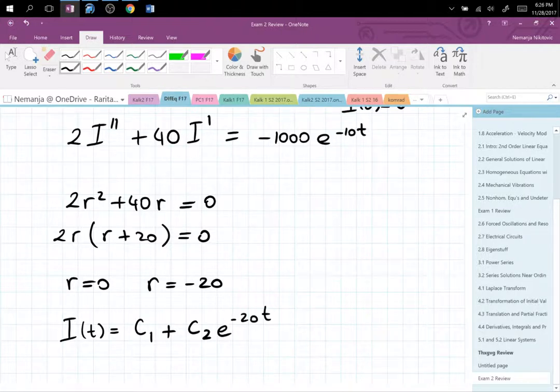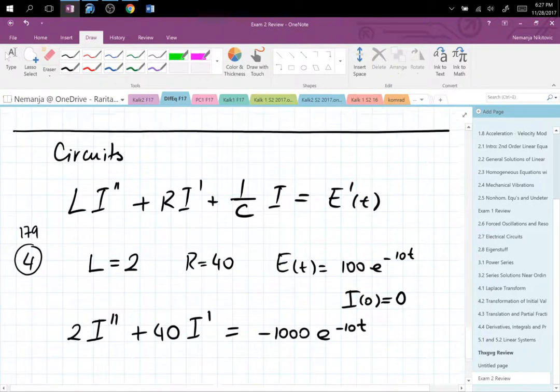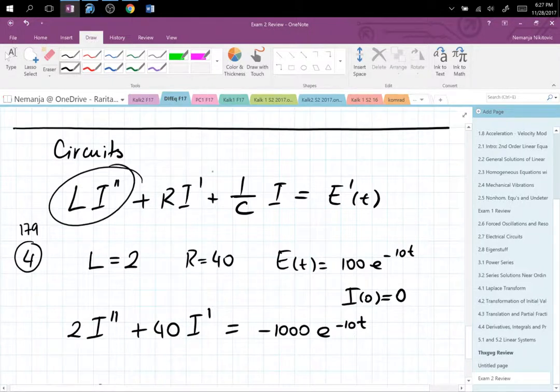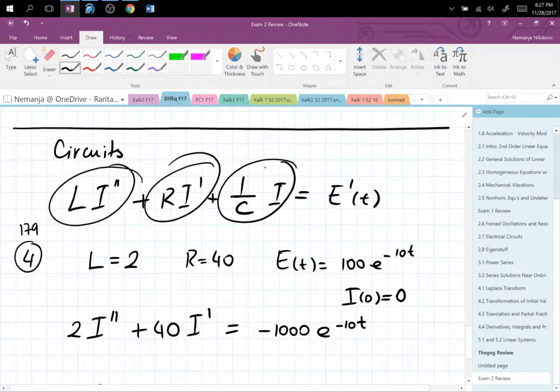Would you be able to move the E over? No, because it's not like terms with I, right? The equation over here says that the voltage drop plus the voltage drop plus the voltage drop equals all of the voltage available. What is it that they're asking for that we're solving?